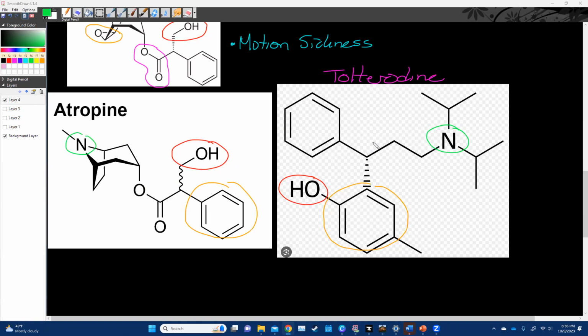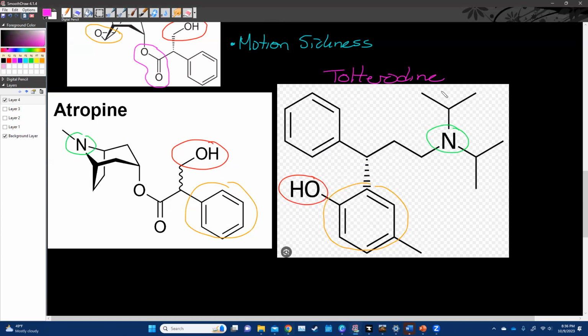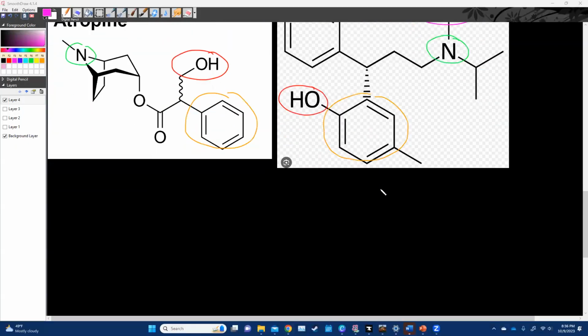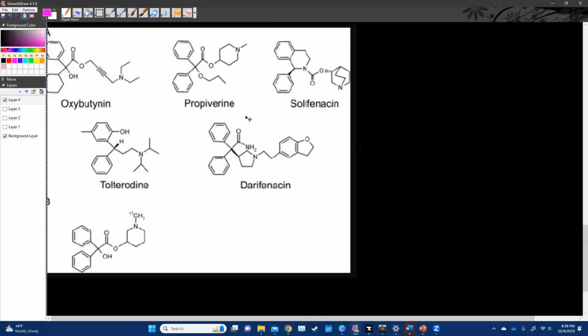Tolterodine, the kind of important thing here is looking at this isopropyl group here. And really, we're not going to be comparing, obviously, it doesn't have an ester, so it's going to be more stable and all that business. But really, when we look at the different comparisons of antimuscarinics that share a similar backbone, we start to see where those differences are coming in.